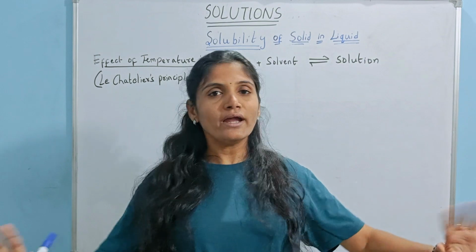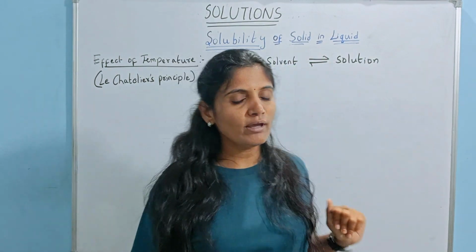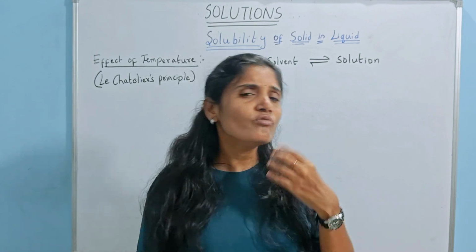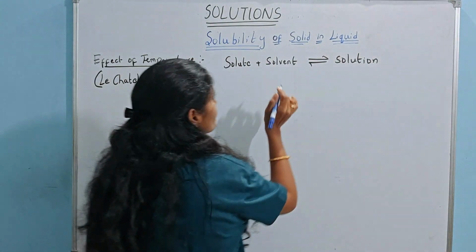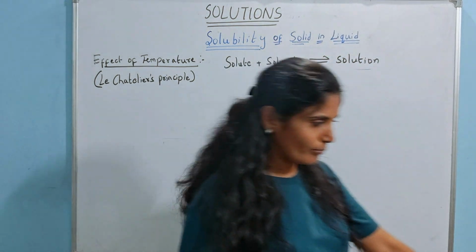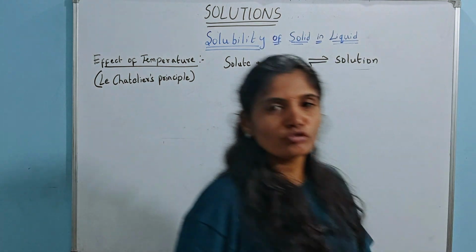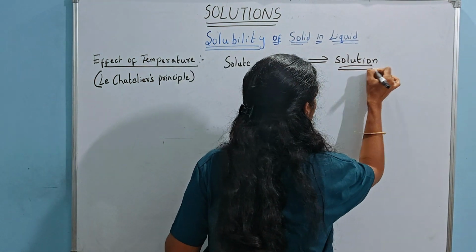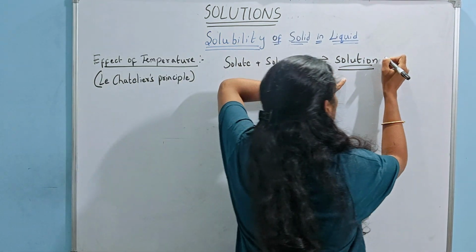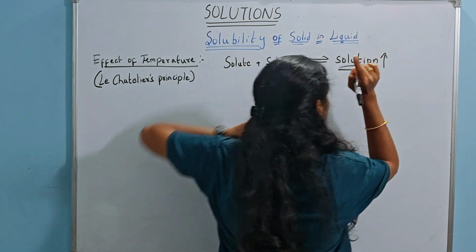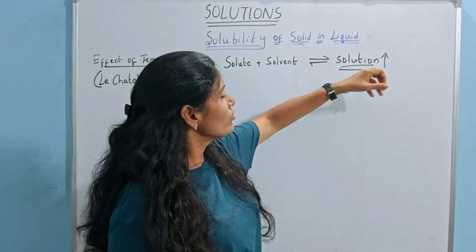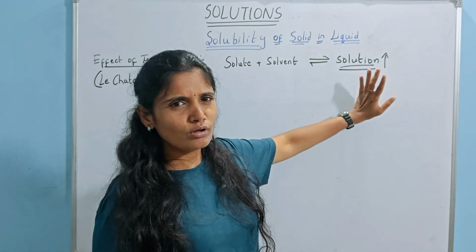It's okay that they want to maintain dynamic equilibrium, but there are always some external factors. For example, I try to increase the concentration of the solution here, to the right hand side. What will happen?